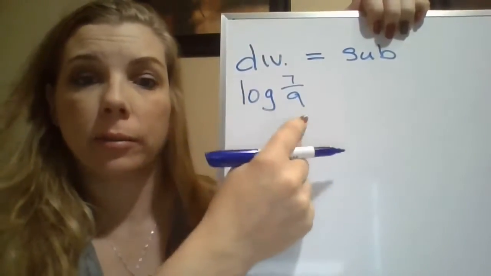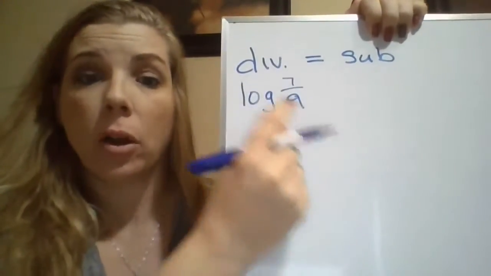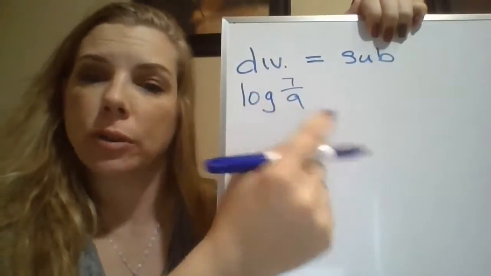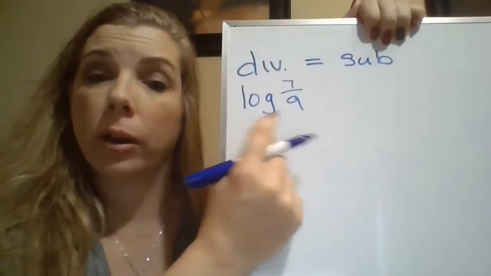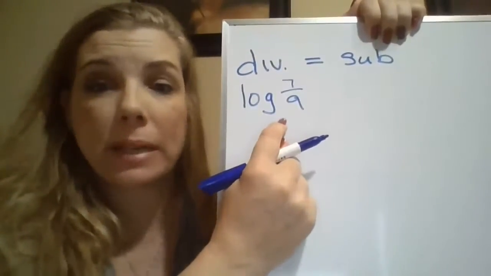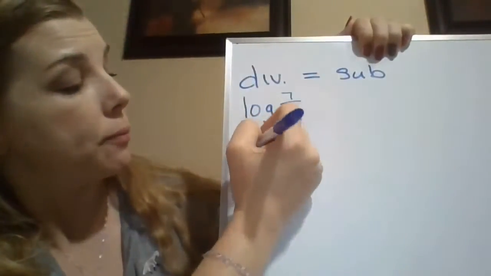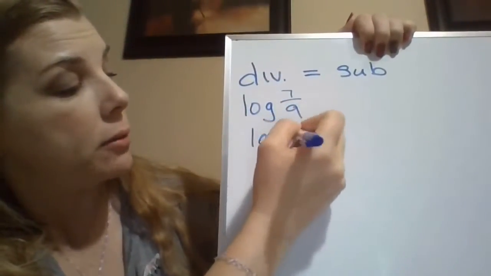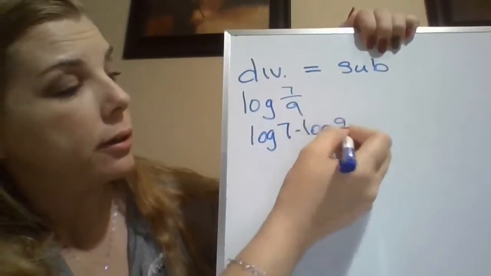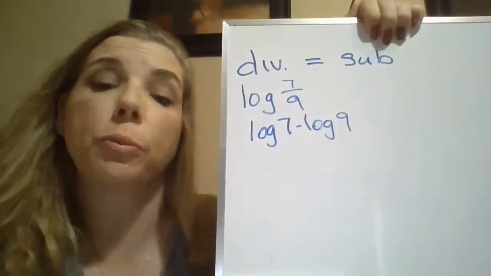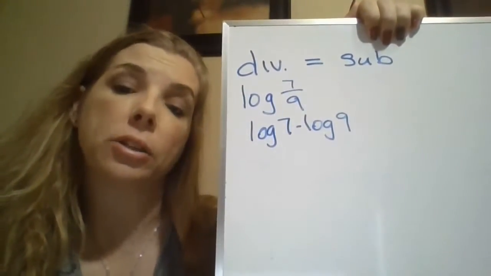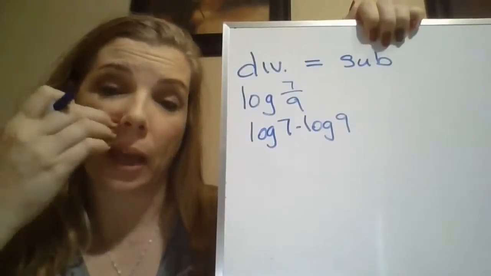So this is log base 10 of 7/9. They want you to separate them. You keep the same base, whatever the base happens to be, and then you do 7 minus 9. So it's log 7 minus log 9. That's it. When you're putting this into IXL, make sure to use the log button.